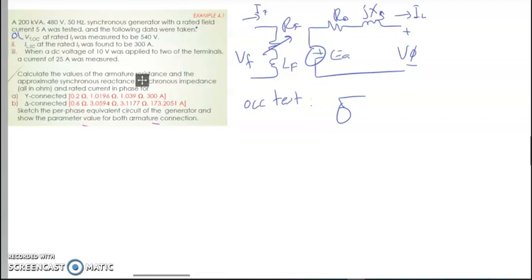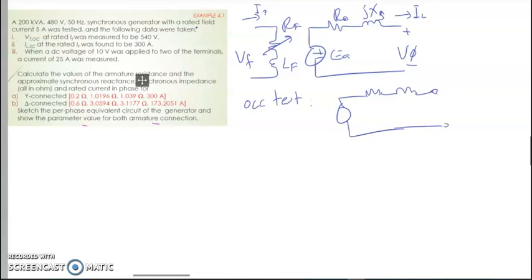So we transfer all the statements to the circuit. V terminal at open circuit, rated current, rated field current of IF here. So we do the open circuit test.